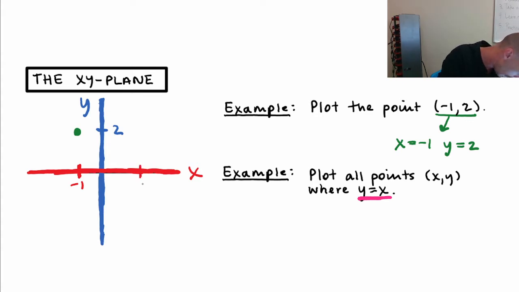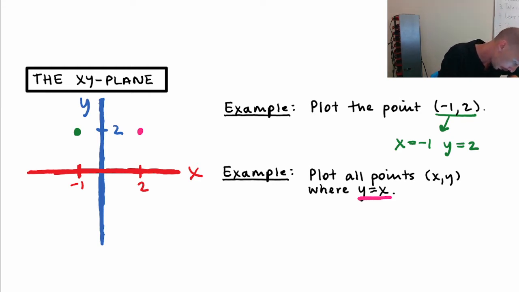So I'm going to go over here about an equivalent distance to the right that I went up on the y-axis, and I'm just going to plot a point over here. If y equals x, the point 1, 1 would be on there, but the point 1.5 and 1.5 would also be, and there are going to be a lot of points. The point 0, 0 would be on there.